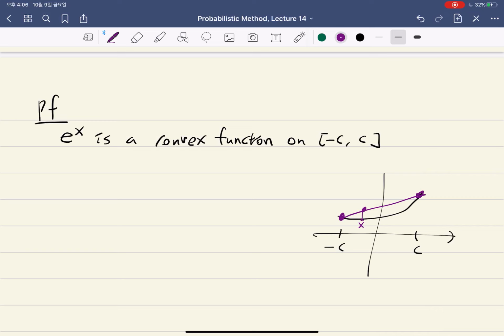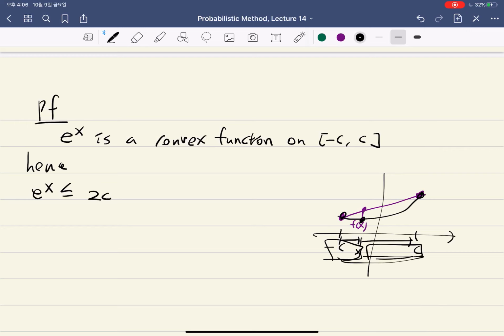Then that's always above this value. That's one of the properties of a convex function. Hence what we have is, if you take this e to the x, then that's at most this weighted average. And when we take the weighted average, you take this value, this ratio, and then you multiply this, and then you average out.